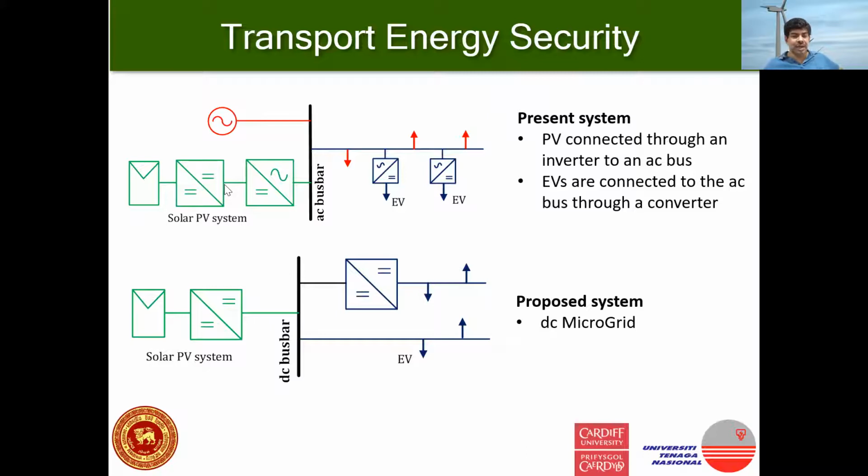So you can see that the number of converters has reduced. If it is only one EV connection, you can even get rid of one of those. And the losses in these converters will also be reduced. So there is timely research available for this particular question.